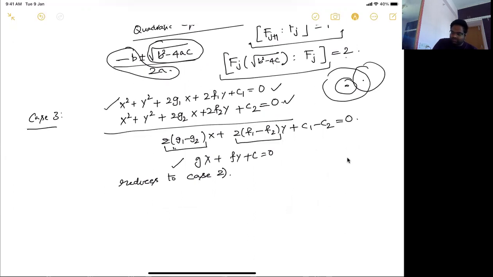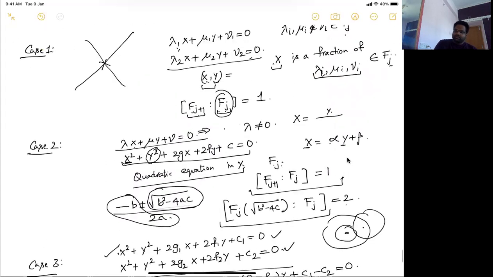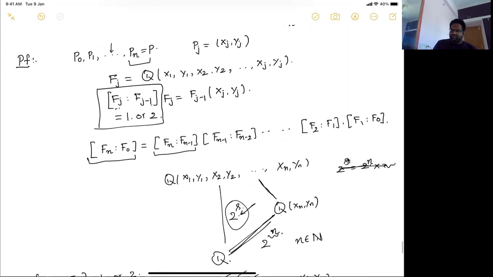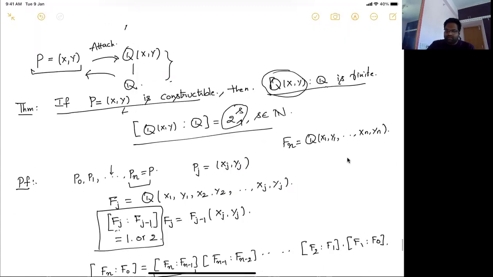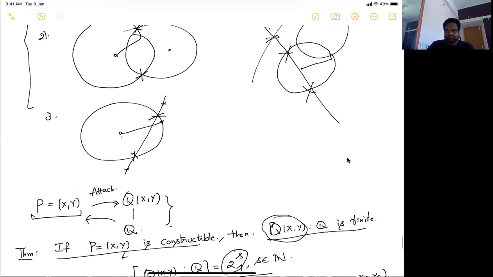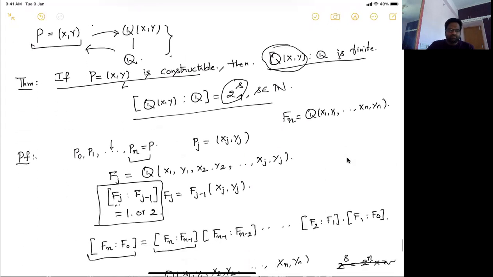Using these two equations, we'll be able to solve for x and y. And depending upon whether you need to adjoin a square root or not, the new extension Fj plus 1 over Fj has degree either 1 or 2. So in all the cases, we have seen the degree remains the same or increases by a factor of 2. And this proves the theorem.